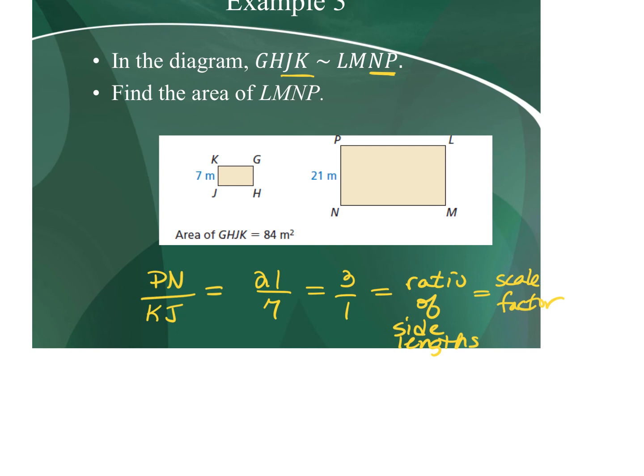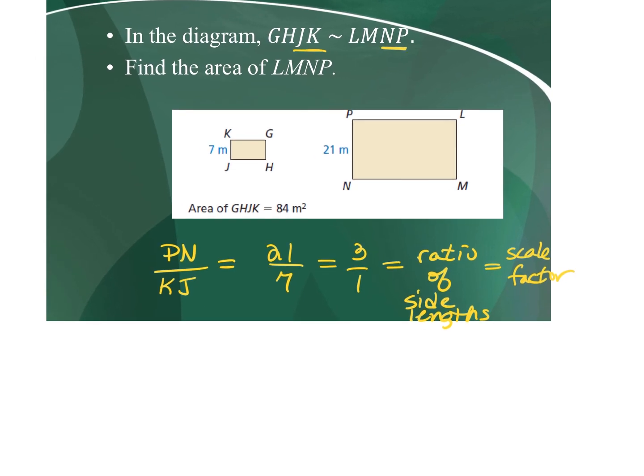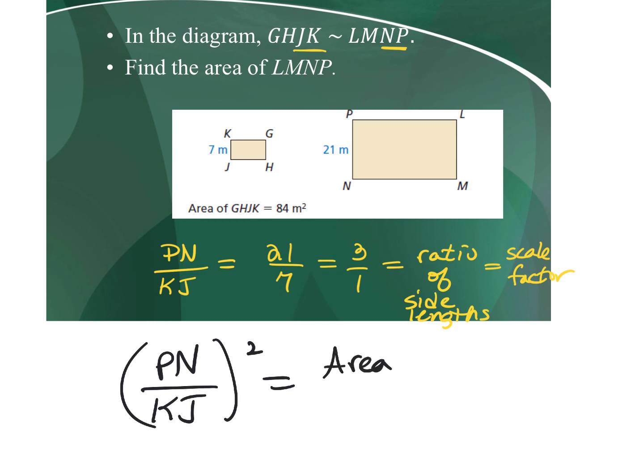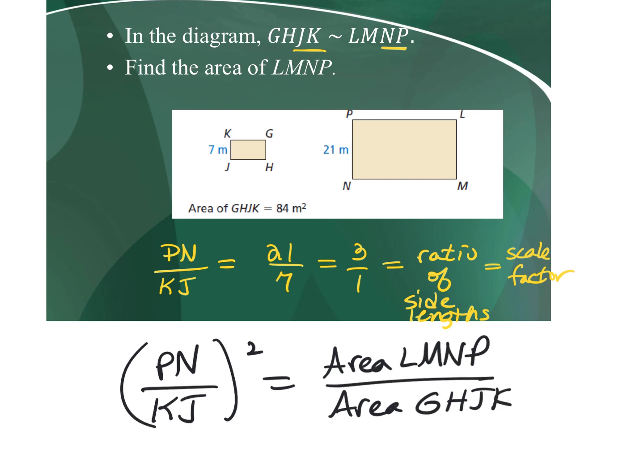However, for the ratio of the areas, what we're going to do is take PN over KJ, and we're going to square it. And that would give me the area of LMNP over the area of GHJK.